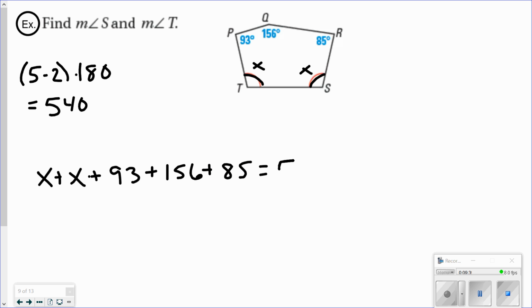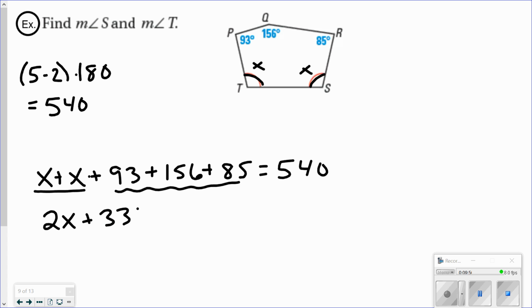When we add all those together, we better get 540. Since I have two x's here, this becomes 2x. Plus, I'm going to add these all up. And when I add them up, I get 334 is equal to 540.